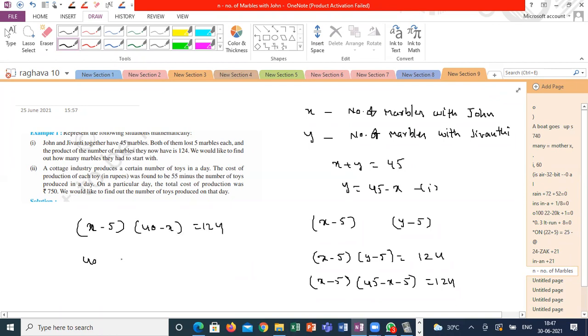This will be 40x minus x square minus 200 plus 5x is equal to 124. This will be equal to minus x square plus 45x minus 200 is equal to 124. So solve this equation and let me know the final answer.